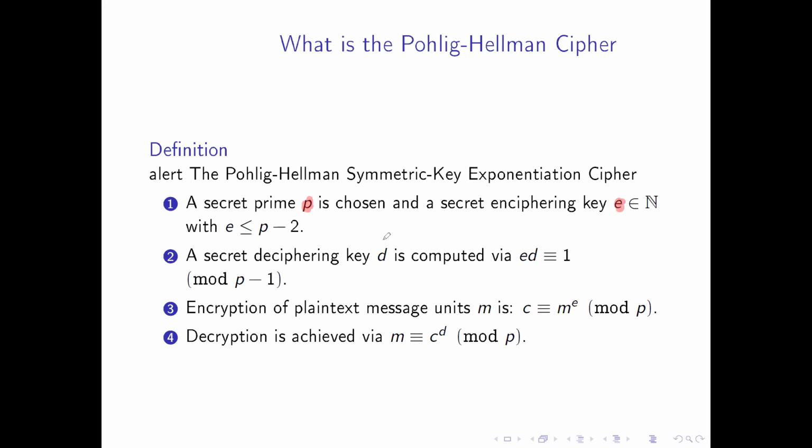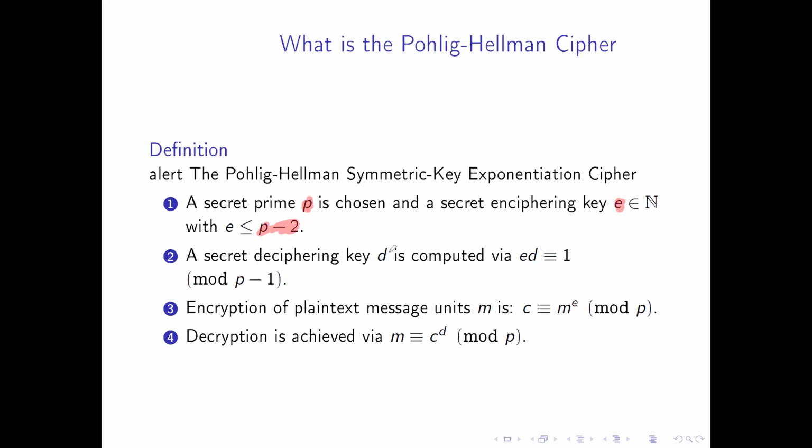Now, by the way, I didn't note this, but we want a relatively large prime number, and it has to be kept secret. We also pick an encryption key E, which is some number between 1 and p minus 2. We don't want p minus 1 because that's actually problematic, but we're going to pick anything besides that.